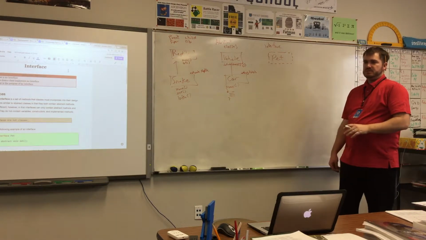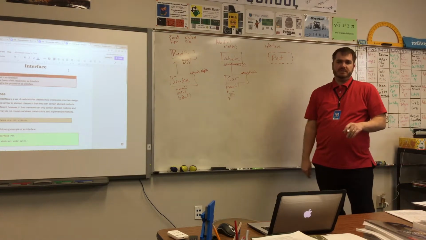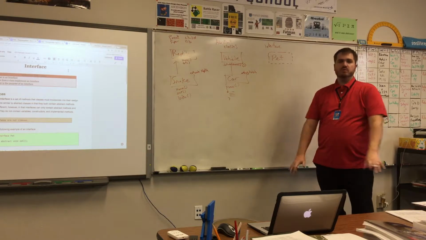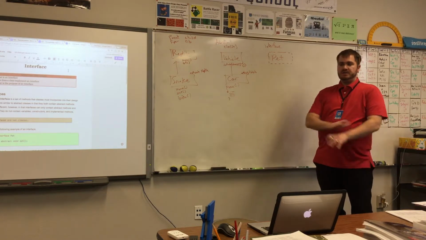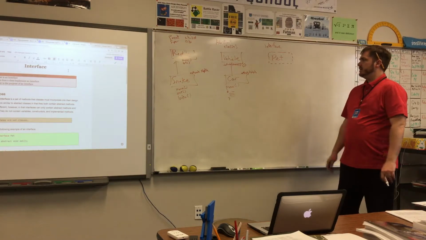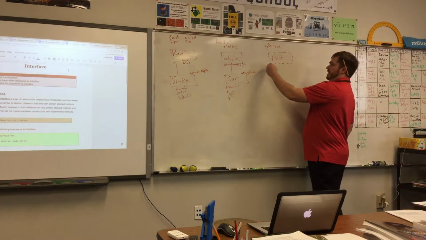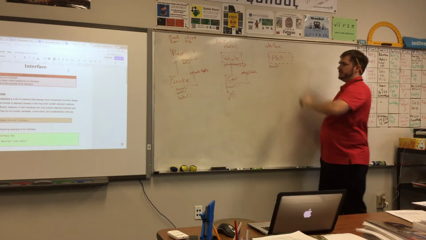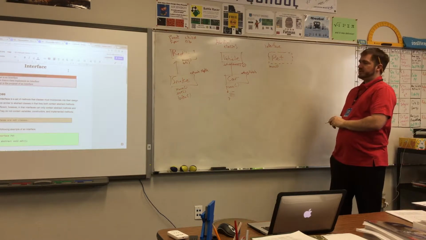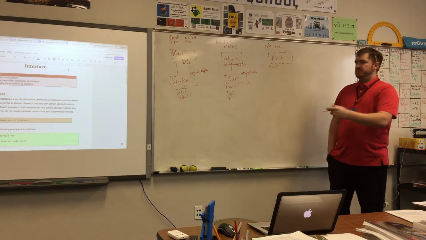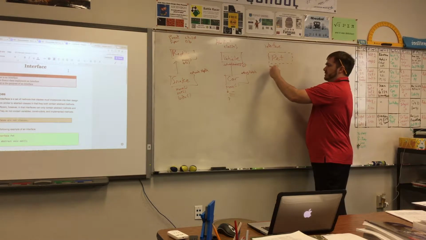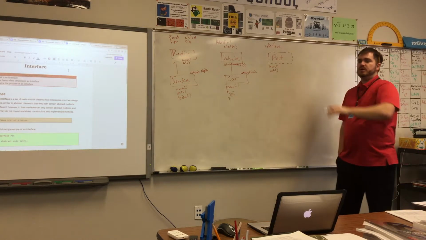An interface has all abstract methods. It has no real method bodies whatsoever. Okay? So for instance, we'll say a pet obviously can move, but absolutely no code inside there. Also, maybe a pet can eat, but absolutely no code inside there.